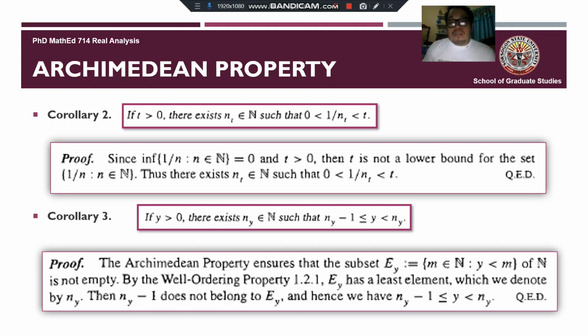So those are the corollaries in line with the theorem and the definition of the Archimedean property, which involves not only the set of real numbers but in particular the set of natural numbers.